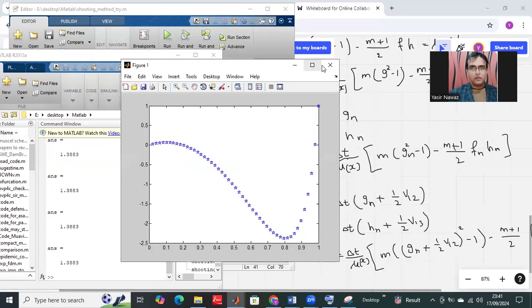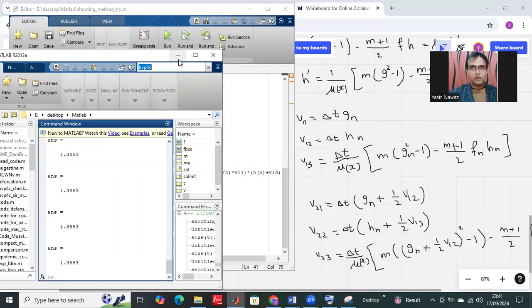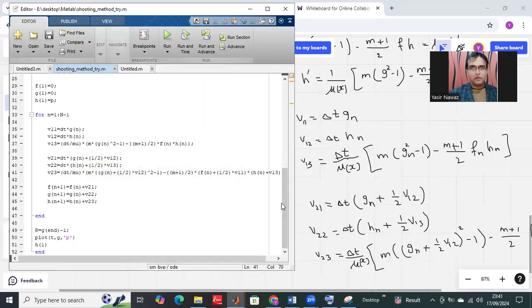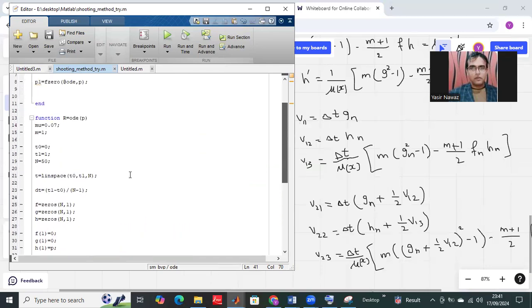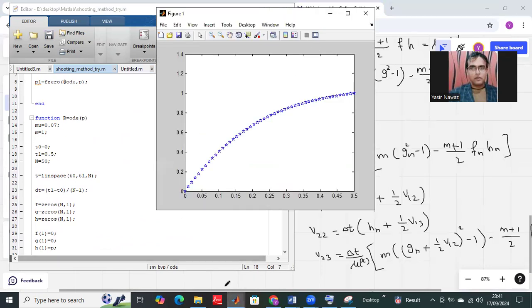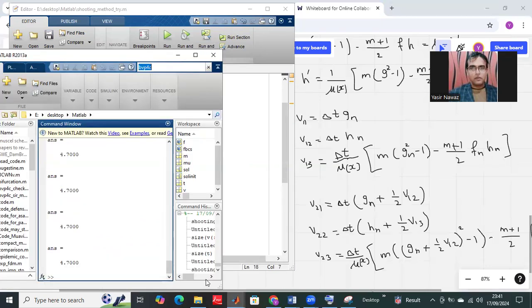So it's not converging even on the small domain. So I decrease it. Yeah, it's approximately there.